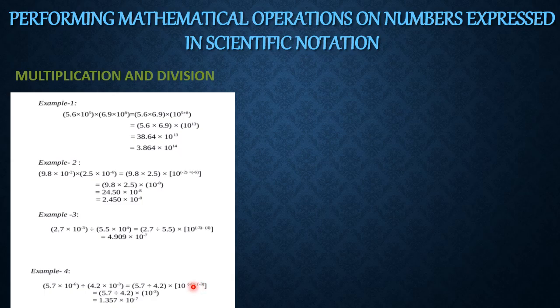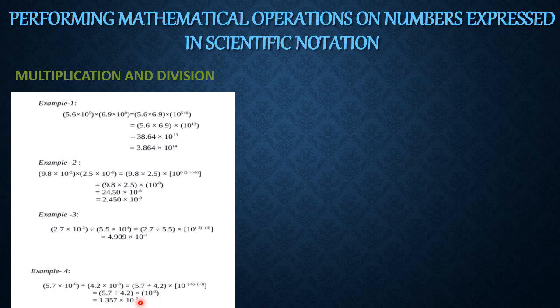Because of the minus sign, minus of minus 3 becomes plus 3. So the power is minus 3. The answer is already in scientific notation, 1.357 into 10 to the power minus 3.